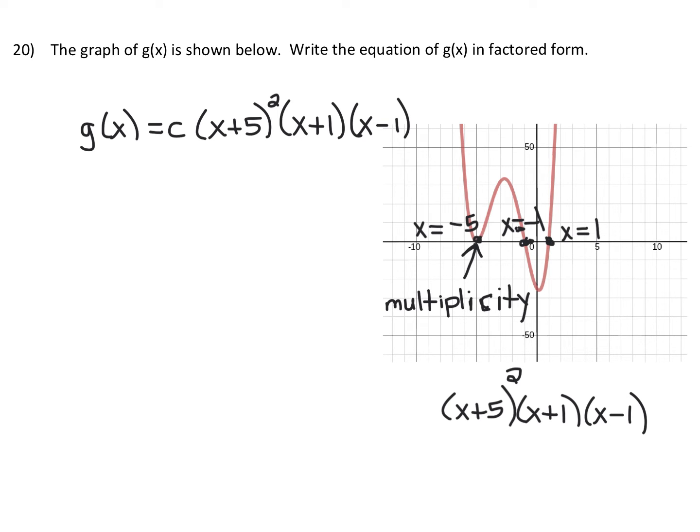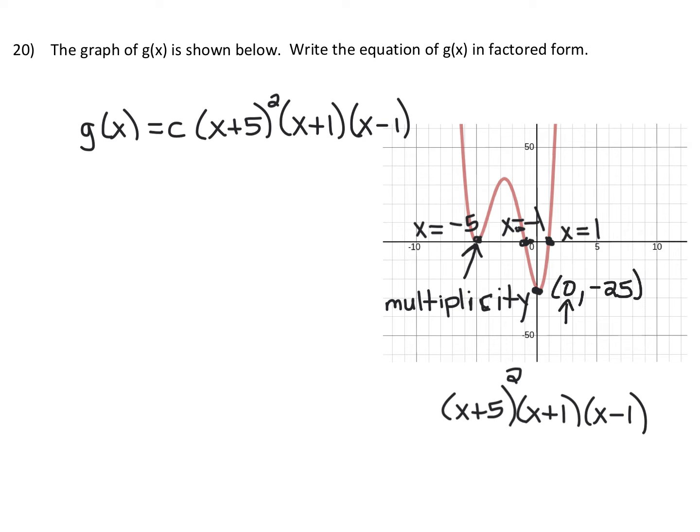I'm going to pick the y-intercept, which is right here. And it looks like if this is 50, it's going -10, -20, -30, -40, -50. This is midway between -20 and -30, so the y value is -25. So the coordinate here would be 0, -25.